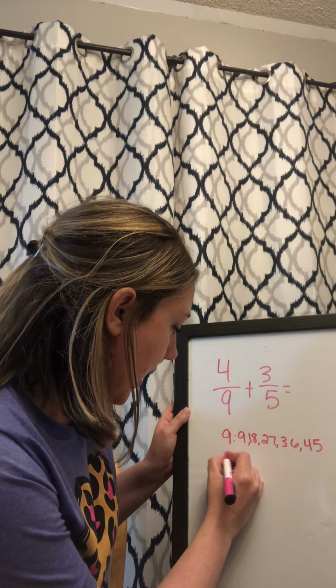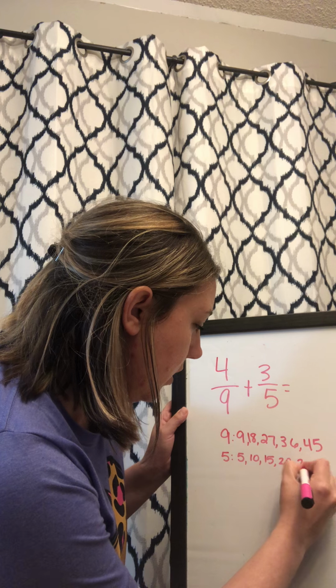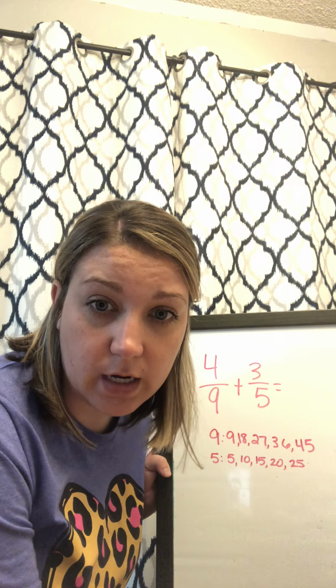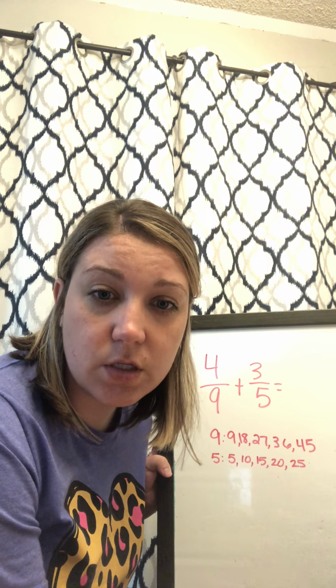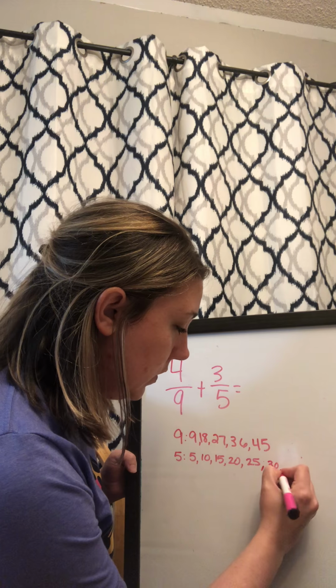Okay, now we have 5. This one's easy. 5, 10, 15, 20, 25. Obviously, I know the math fact for 9 times 5, so I know I'm going to need to keep going to list these multiples.